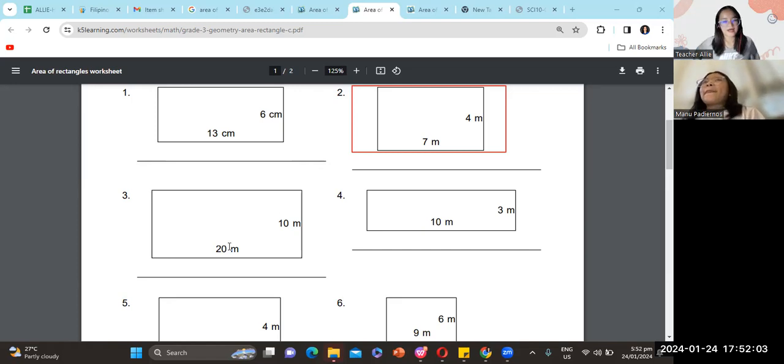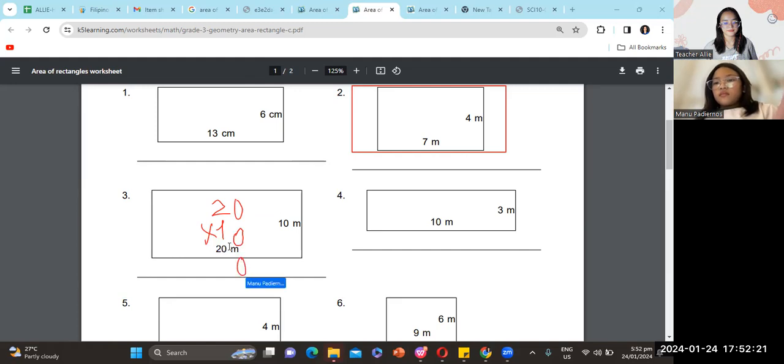Okay, let's do number 3 now. What's your answer in number 3, Manu? 20? If you multiply 20 to 10, you'll get 20.